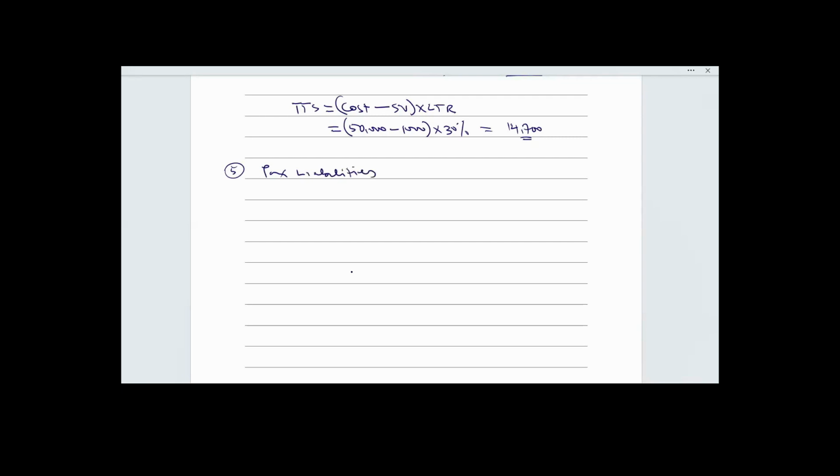So let's calculate tax liability. Because of time, I will use capital allowance to reduce tax liability. So I will then say tax liability for year 1, year 2, year 3, year 4, then year 5.